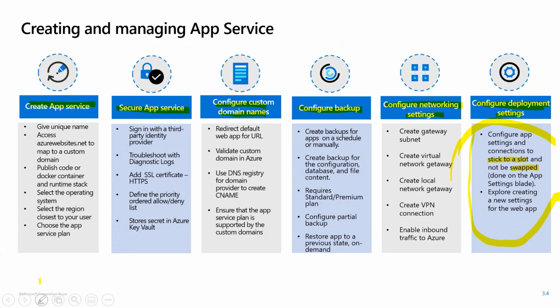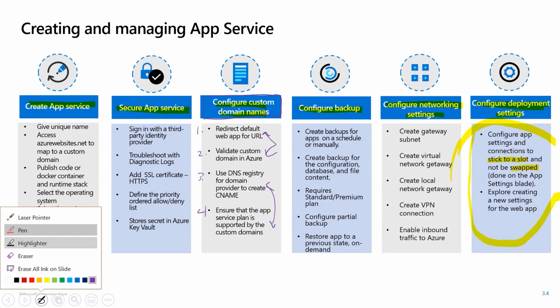You may be asked also, hey, in what order would you perform the following tasks? Say you work for Contoso and you are charged with adding a custom domain name to your app service plan. You have steps 1, 2, 3, and 4. But they're all swapped, they're all mixed up, and you have to resequence these in the correct order. Are you able to do that before your exam?